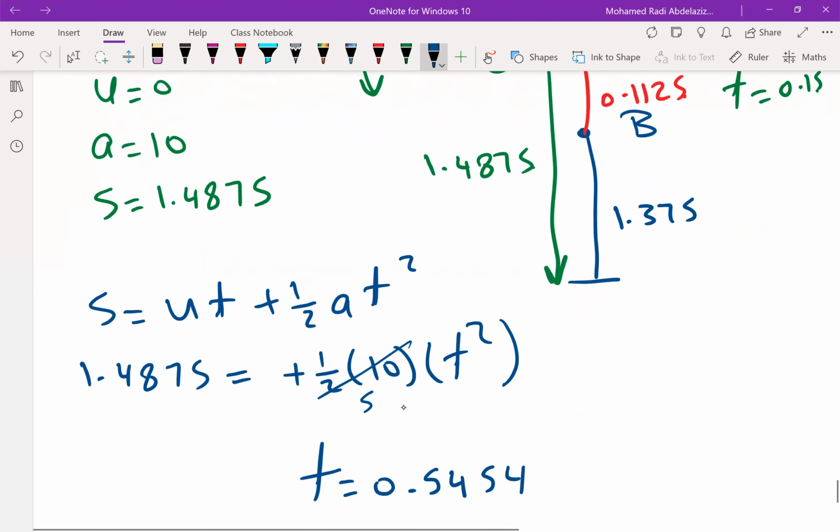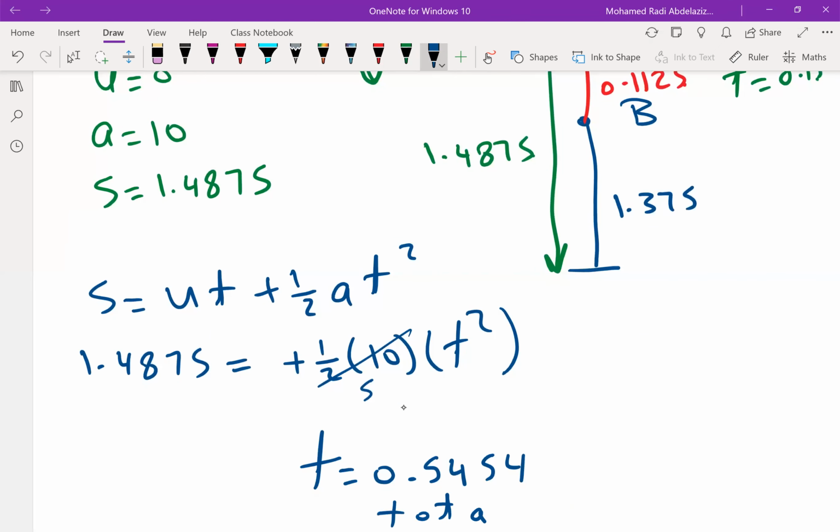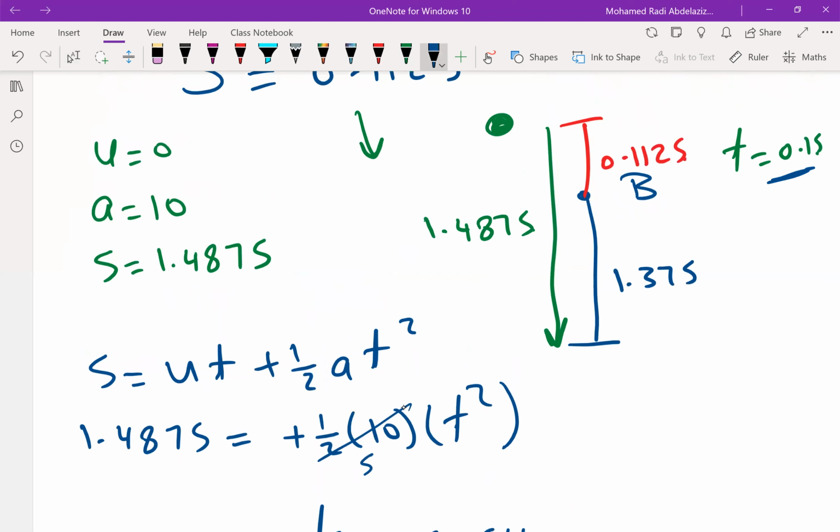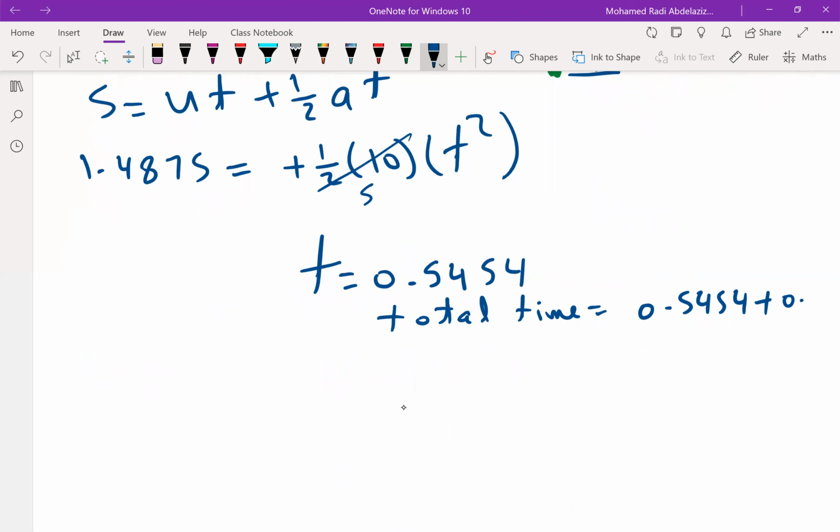So now, what is the difference in time? The total time for this particle is 0.5454 plus the time taken to move up because of inertia, 0.15. So this time is 0.6954.